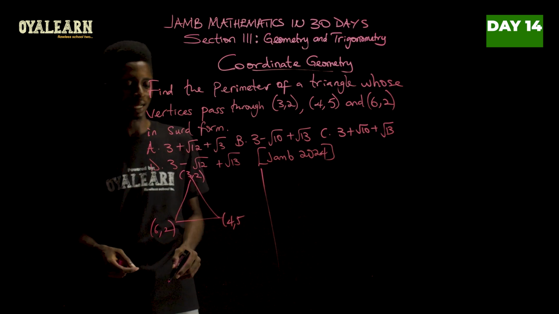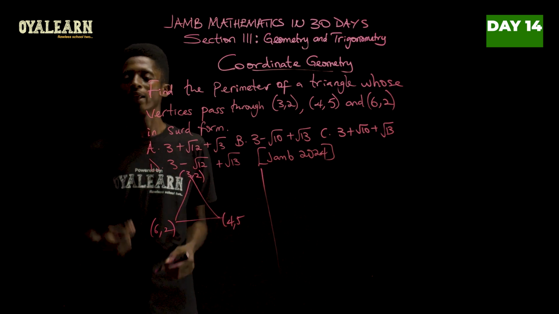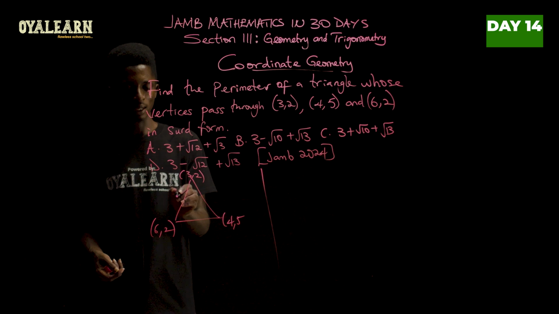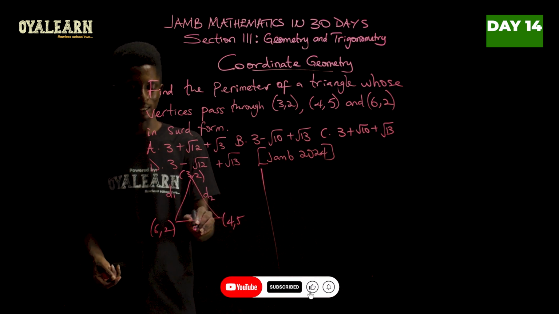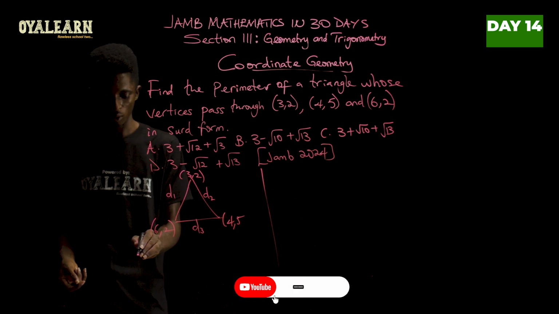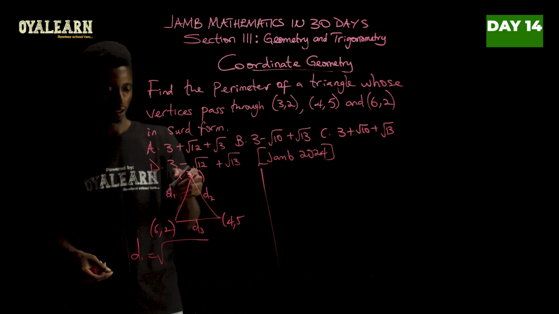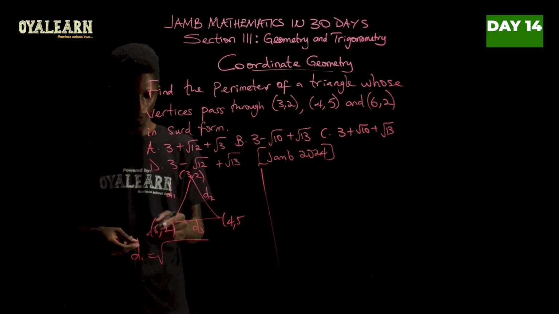Now, when we consider this, we have to find the length of each of these, and we know how to get that by using the equation for distances. So let's call this D1, D2, and D3. So D1 would be square root of, now x2 minus x1.